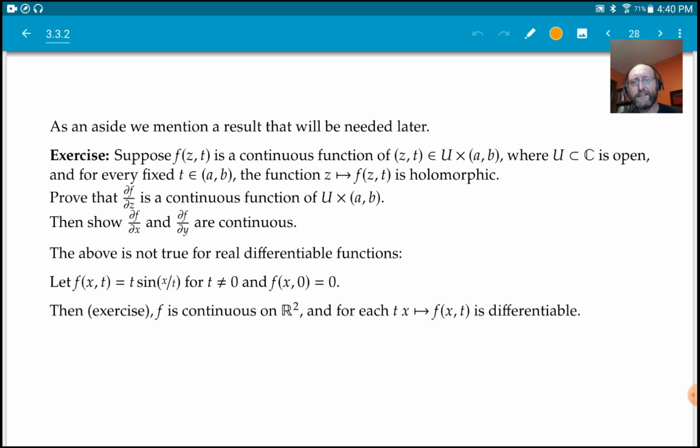You can prove that f itself is a continuous function on all of R2, the plane, of two variables x and t, and for each t, the function as a function of x is differentiable. That's not hard to prove.